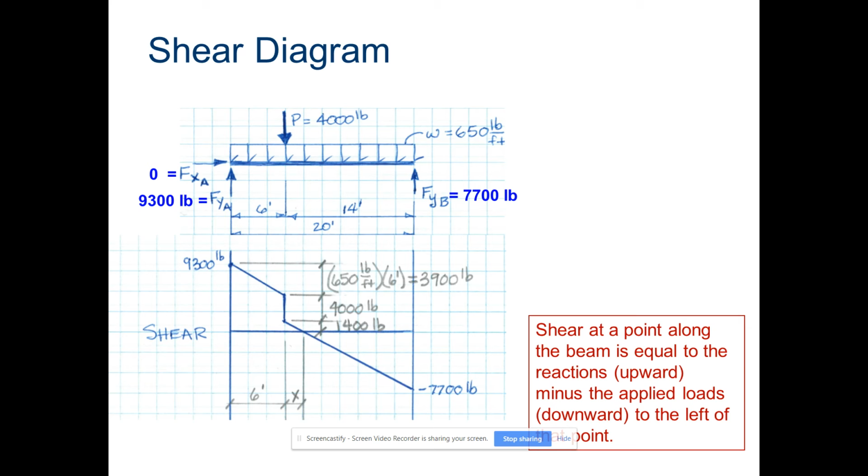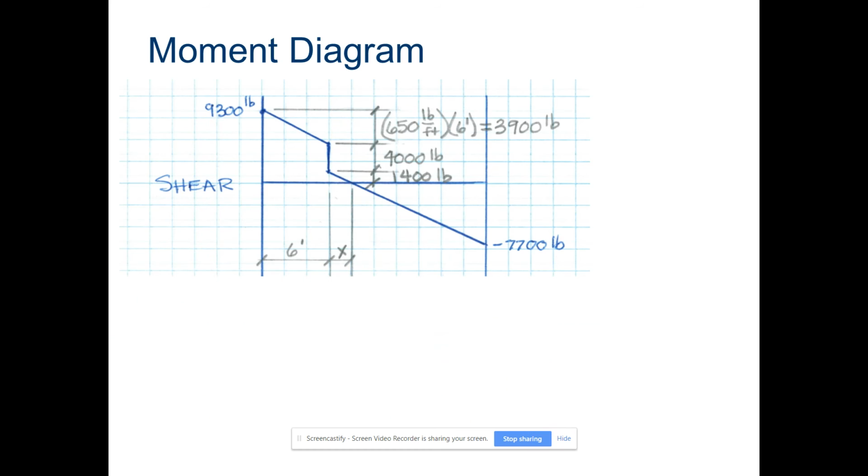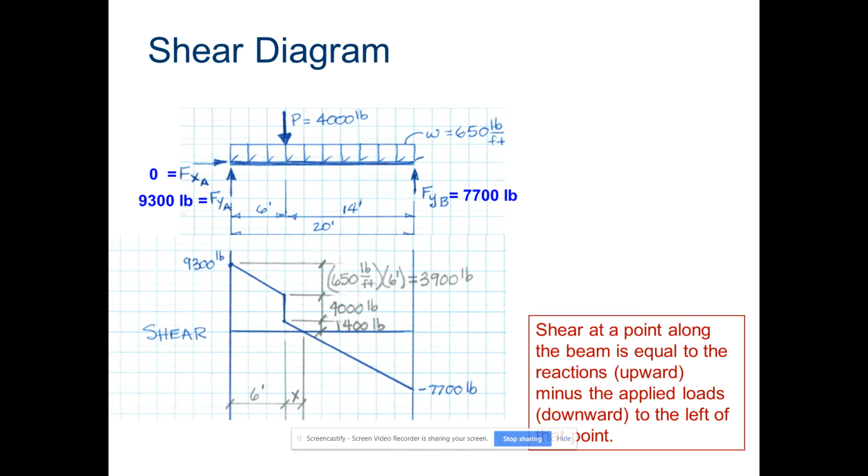Now you see that we have that triangular area X. Where we have that 6-foot point, that's where the kink in our diagram is going to be.